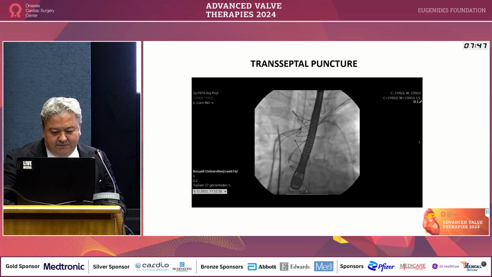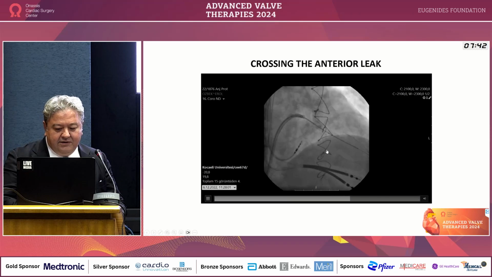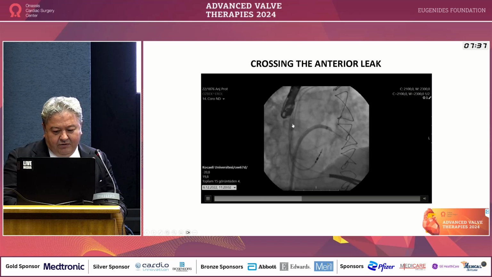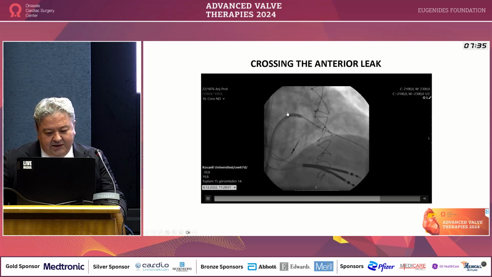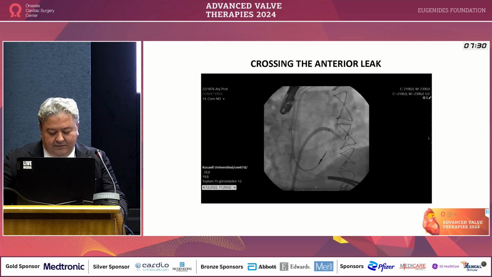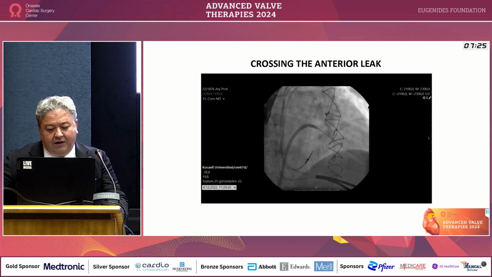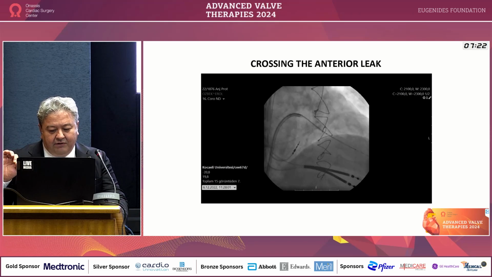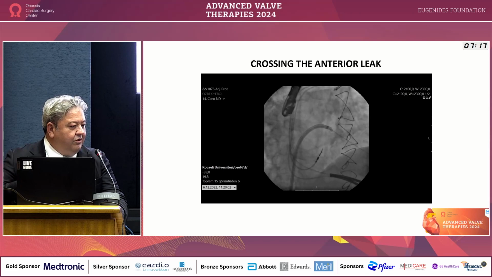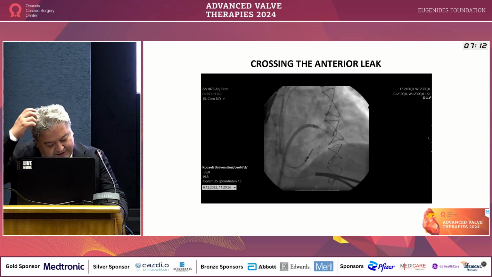After the transseptal puncture, as you see, the bioprosthetic valve is not completely seen on the fluoroscopy, and we cross the anterior leak with the mother and child technique and put in a stiff guide wire. After crossing the leak with the Terumo guide wire, we always use a NaviCross catheter because it usually allows a much better exchange for the stiff guide wire.